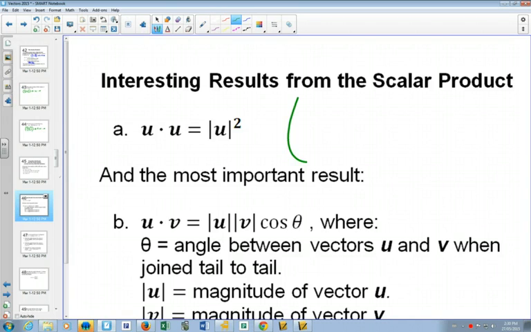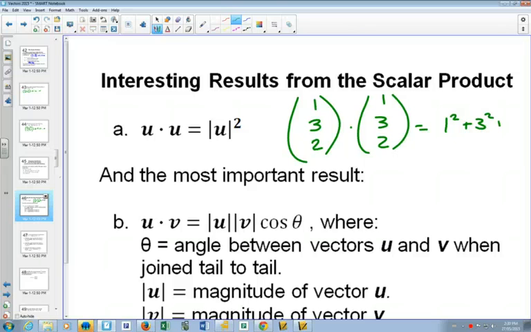So, for example, if you have 1, 3, 2, and you do the dot product with 1, 3, 2, can you see that you're going to get 1 squared plus 3 squared plus 2 squared? Which, if this was in a square root sign, would be the length of that vector. But it's not in the square root sign, so we say that it's its length squared.